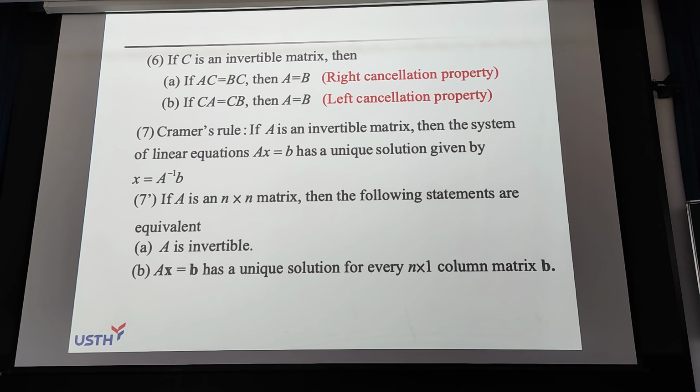The second says that the system Ax equals b has a unique solution for any right hand side b. And the next one says the homogeneous system of equations Ax equals 0 has only the trivial solution. It has only the zero solution, nothing more.